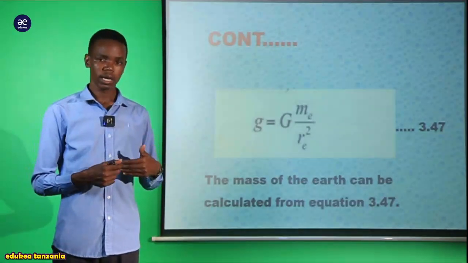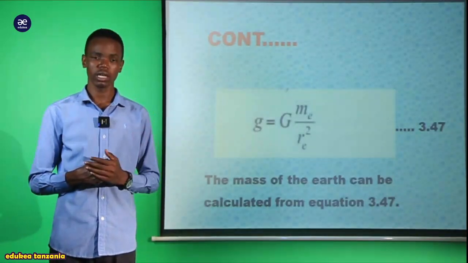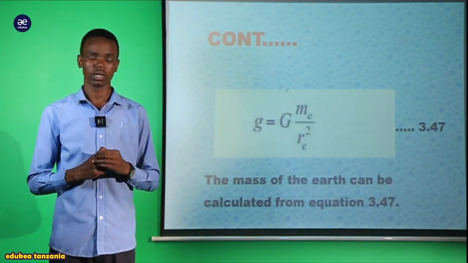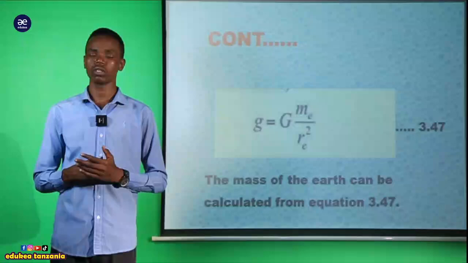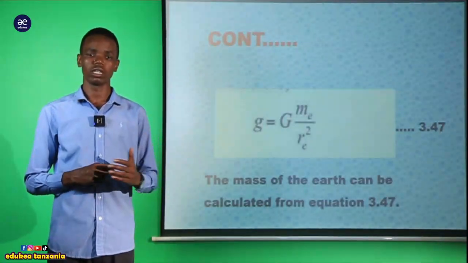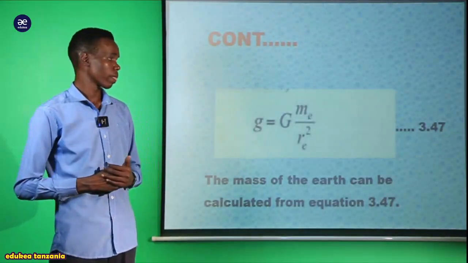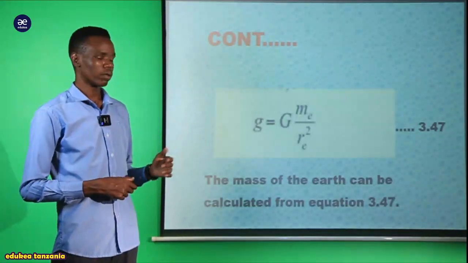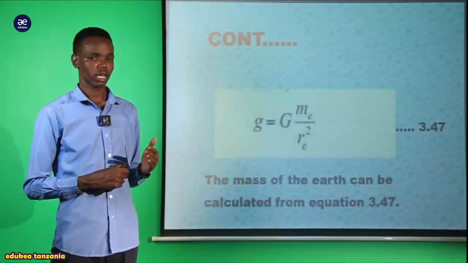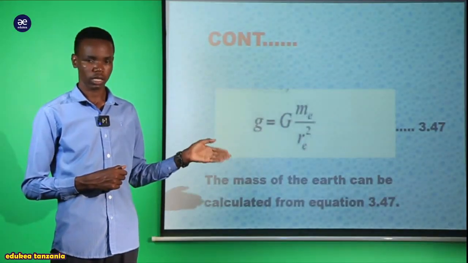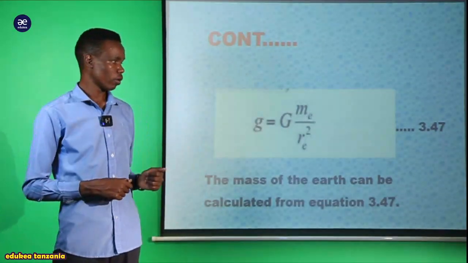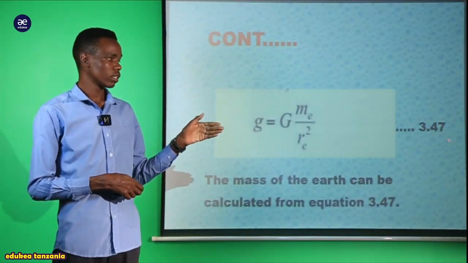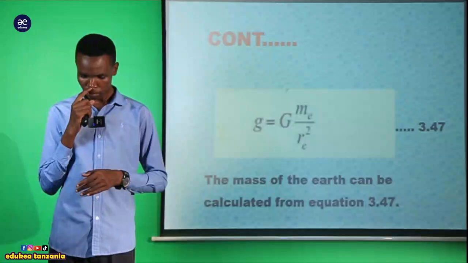Now we obtain the acceleration due to gravity of the Earth, which is equal to the universal gravitational constant, multiplied by the mass of the Earth, and after that we divide it by the radius of the Earth squared. So this should be equation number 3.47, the equation that we tried to see. We started our topic here up to now.